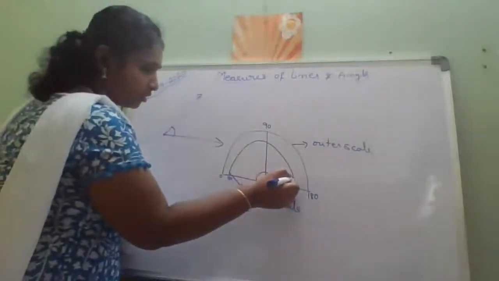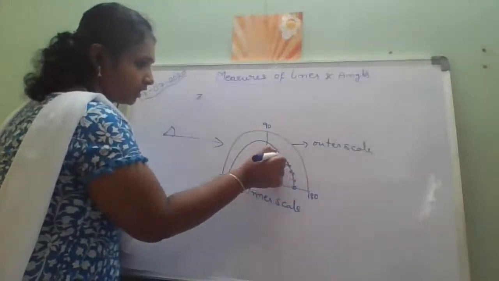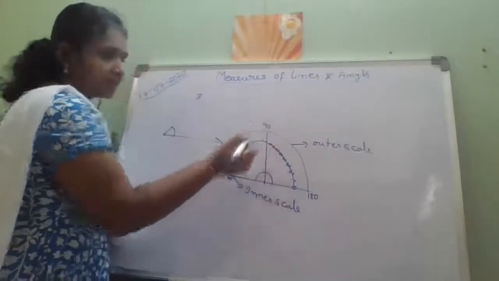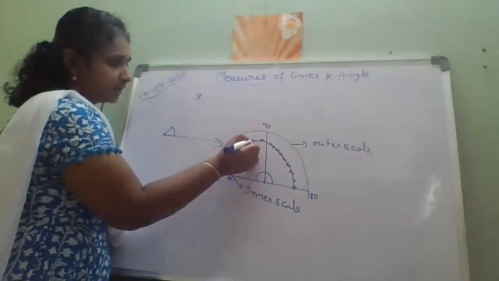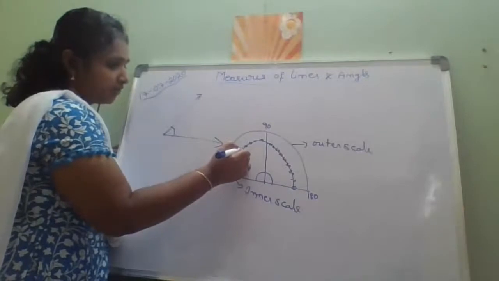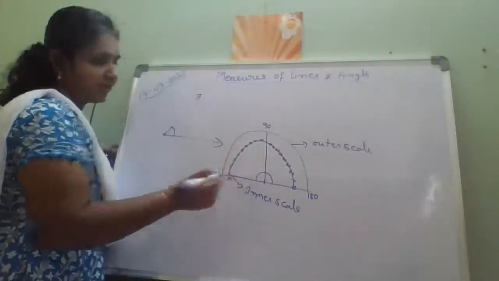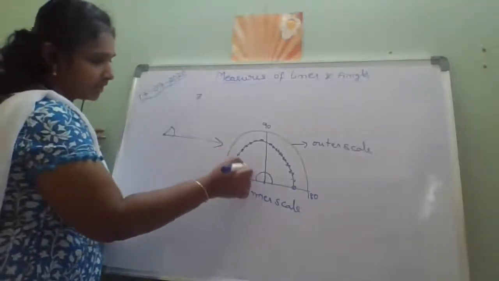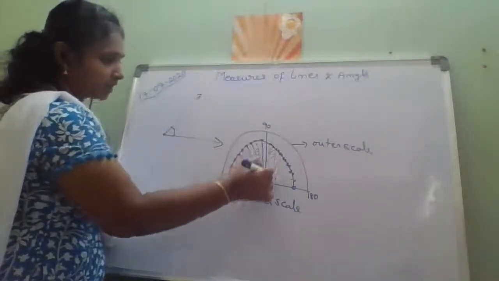So 0, 10, 20, 30, 40, 50, 60, 70, 80. This one is 90. Next 100, 110, 120, 130, 140, 150, 160, 170, 180. This is the protractor.